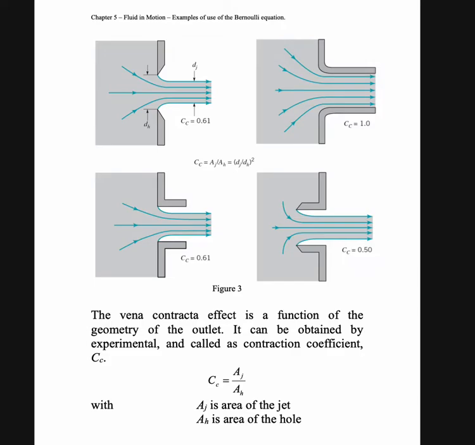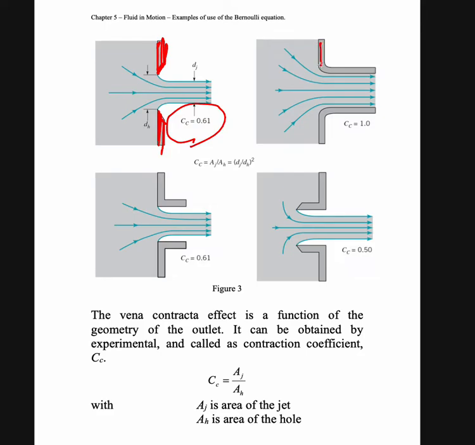And then the design of the nozzle will give us different values of vena contracta. For example, if the wall is sharp like this, the CC here is equal to 0.61.